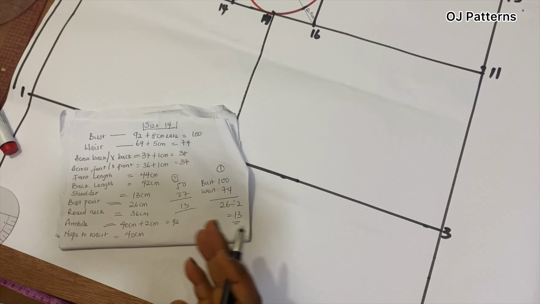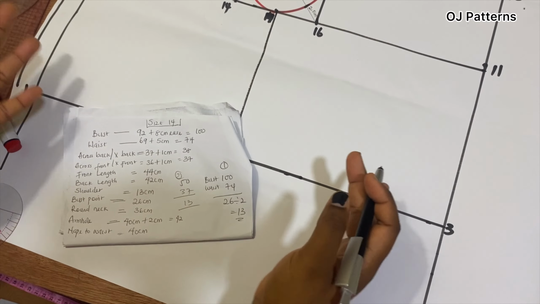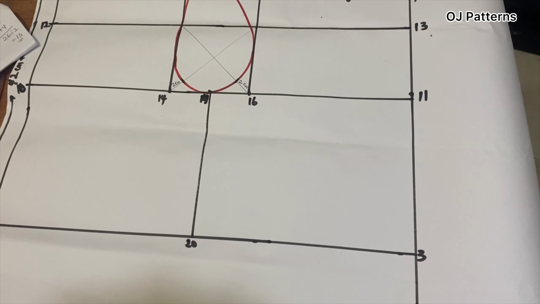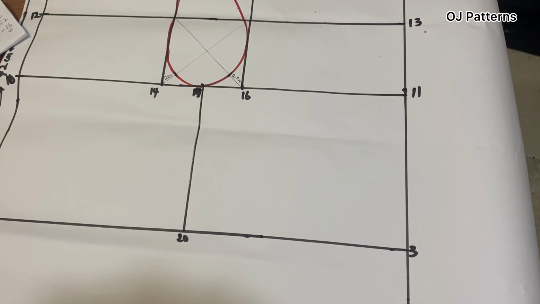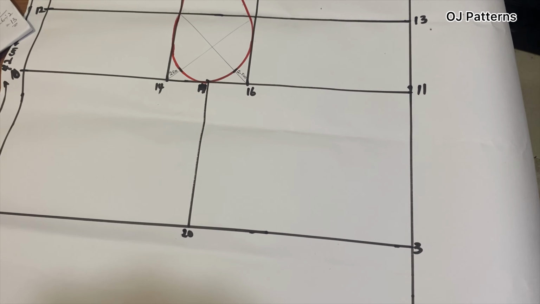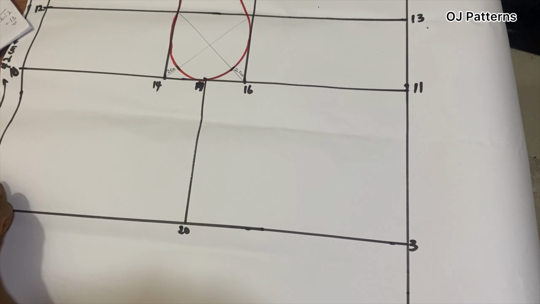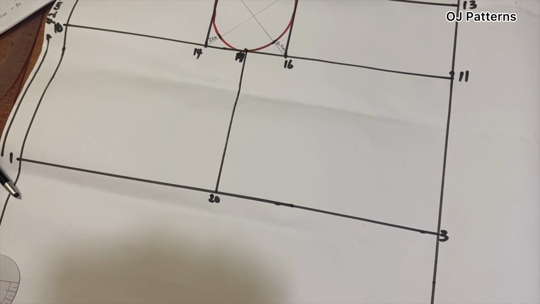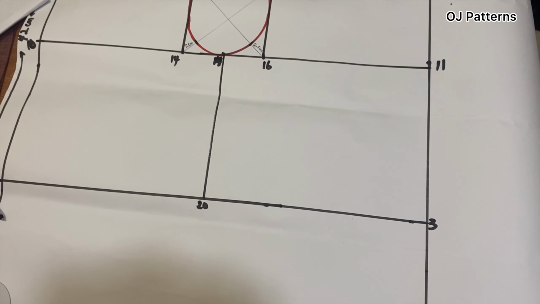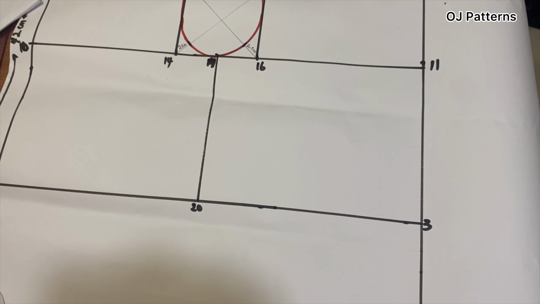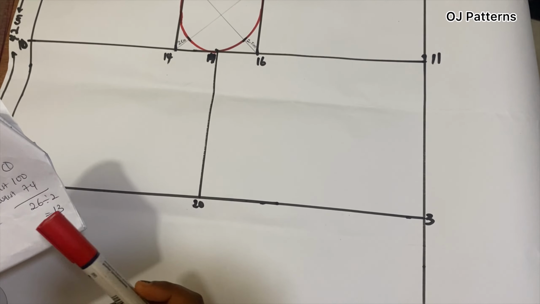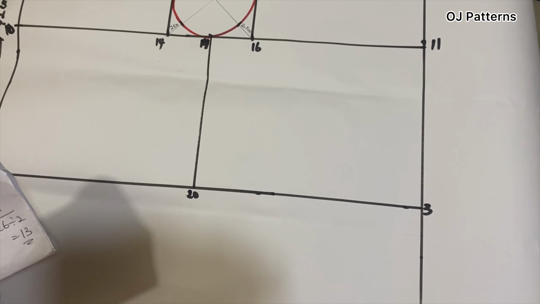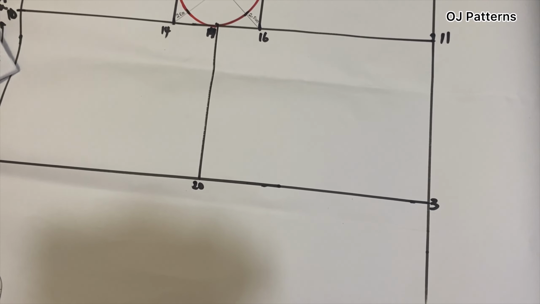So anyhow we do it, we have to divide this into 2 because this is half of the full body. So it's 13 cm we're using for dart suppression. The front and back dart is 10 cm total. So 13 minus 10 gives us 3 cm left.